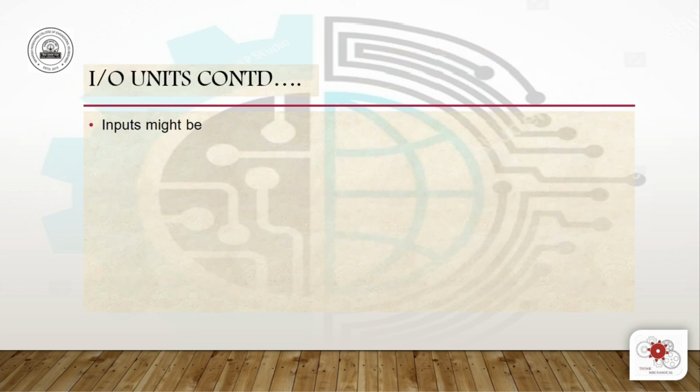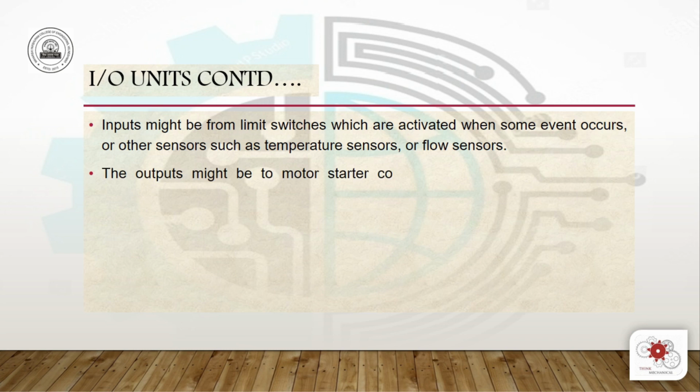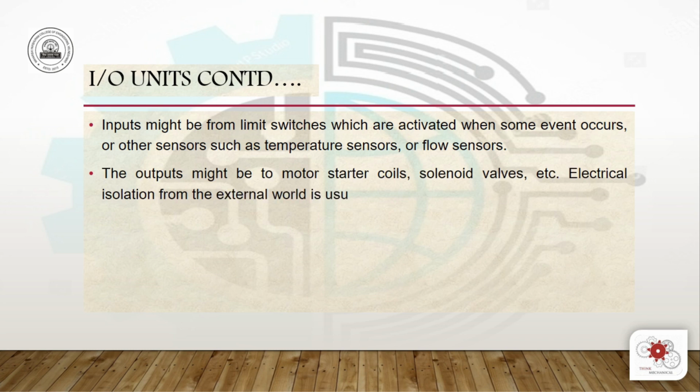Then the inputs might be from limit switches, which are activated when some event occurs, or sensors such as temperature sensors, flow sensors, humidity sensors, etc. The outputs might be from motor starter coils, solenoid valves, like we have seen control valves, then stepper motor, servo motor, etc. Electrical isolation from the external world is usually by means of opto isolators.